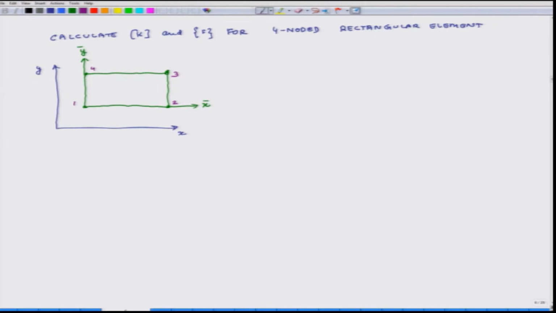The length of one side of the rectangle is a, the other side is b. So, these nodes are (0, 0), (a, 0), (a, b) and (0, b).